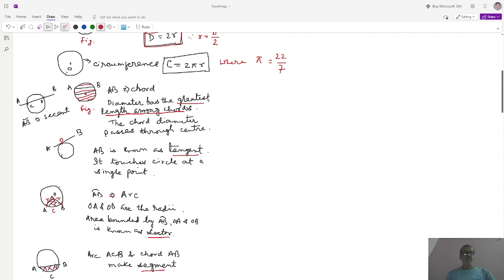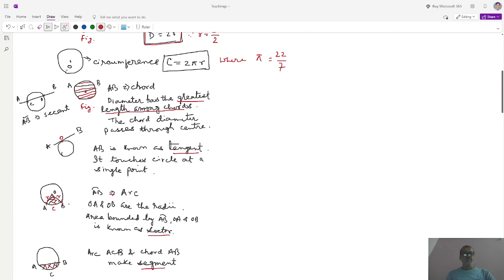A part of a circumference is known as the arc of the circle. Here, AB arc is ACB. Arc AB is denoted like that, and it is to be read as AB arc. Okay.